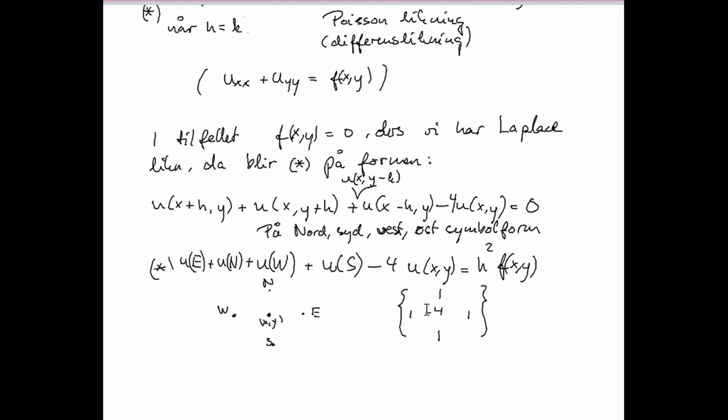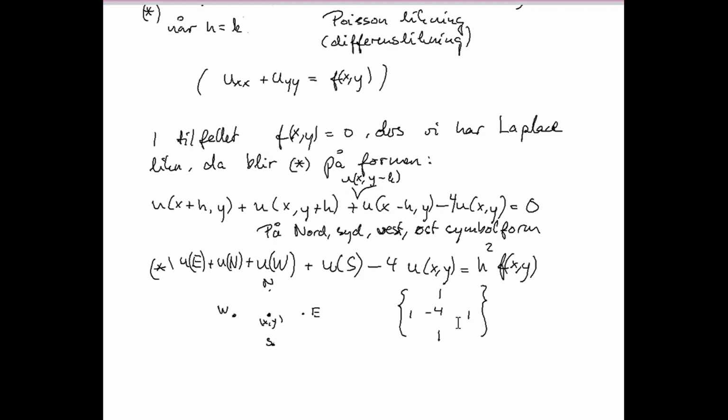So this is visually easy to remember. If we are standing in the middle point, we should multiply with -4, and standing in the north, we should multiply it with 1, in the east with 1, south with 1, and west with 1.